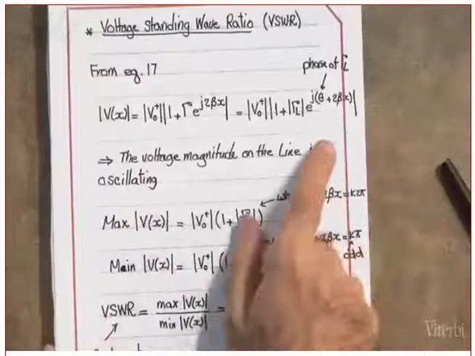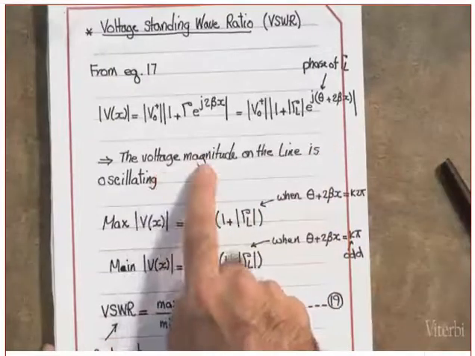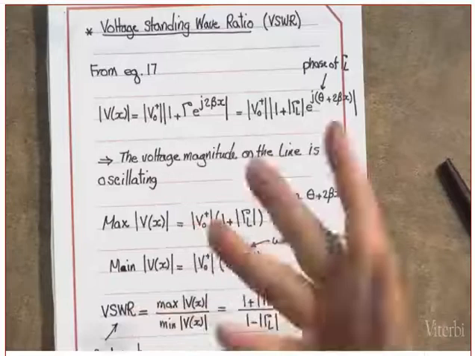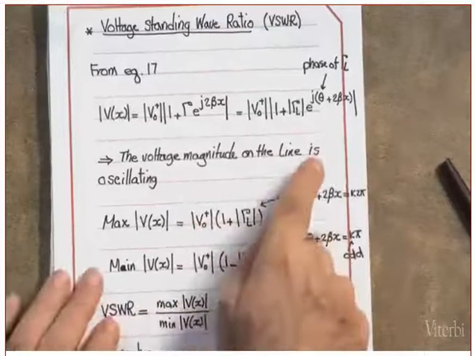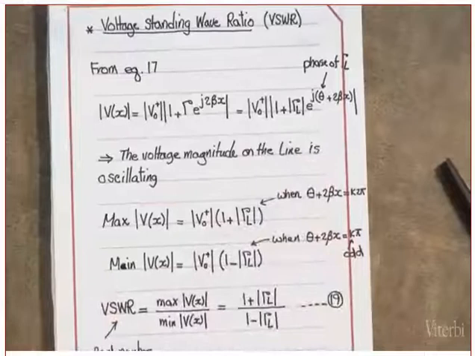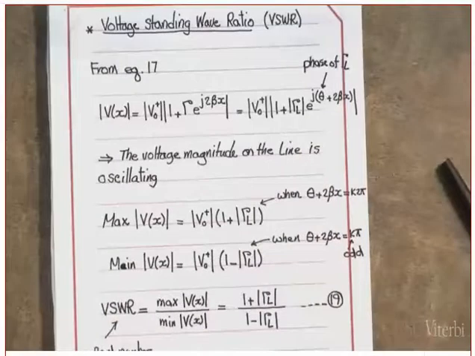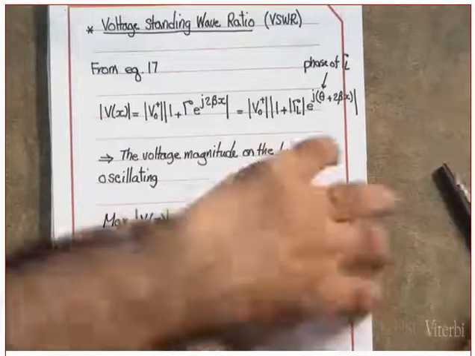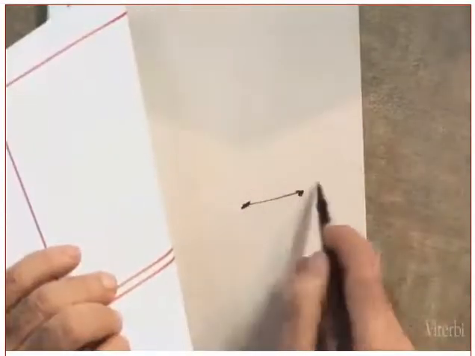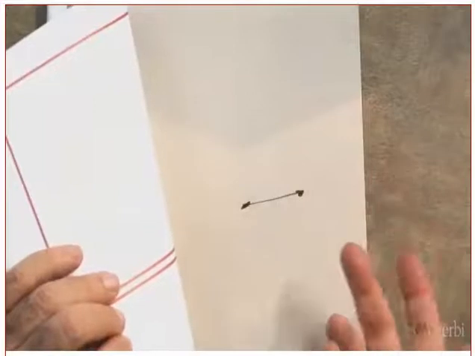This is the voltage. What do you notice in here? You notice in here that the voltage magnitude on the line is oscillating. Why? Where is the term that shows the oscillation? This term. You follow me or not? Whereas in the lumped circuit, if we do have a line, then the voltage will not be oscillating. It will be the same value. If I have a circuit like this, and I ask what is the voltage here, what is the voltage here, you tell me that the voltage is the same.